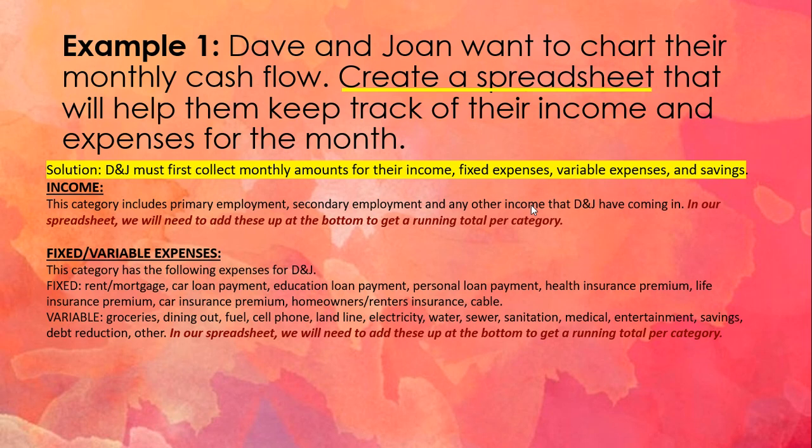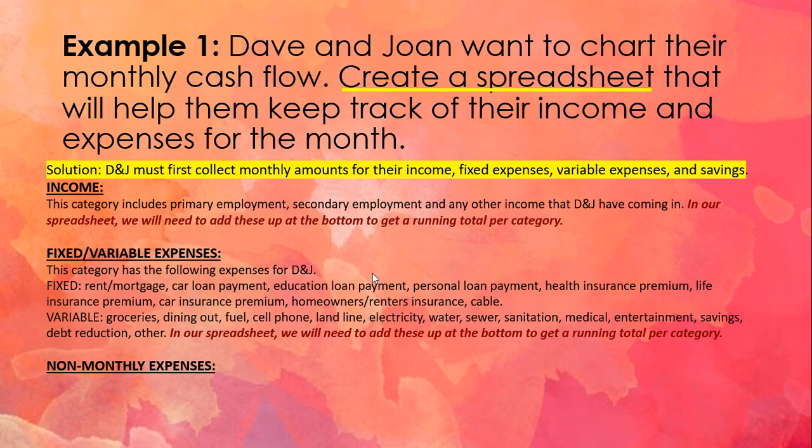They also have groceries, dining out, gas, cell phone, electricity, water, sewer, sanitation, medical, entertainment, savings, debt reduction, and other. So again, in our spreadsheet, which I'll walk you through in a second, we're going to have to add all of these values up to get a running total per category. And I'm kind of saying that the categories are fixed and variable expenses.